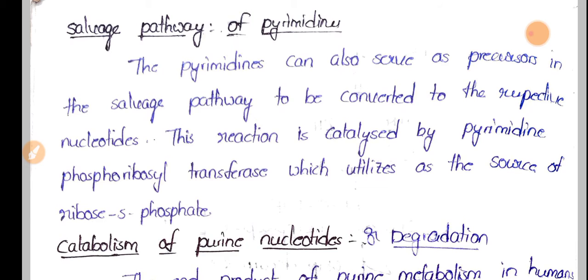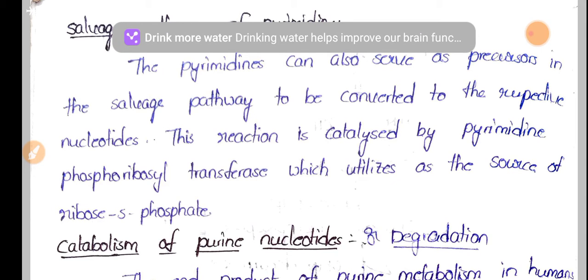Now let's see about the salvage pathway, just a few simple points. Whatever pyrimidines are present in our body can serve as precursors for pyrimidine nucleotide formation. Normally uridine monophosphate is the precursor.